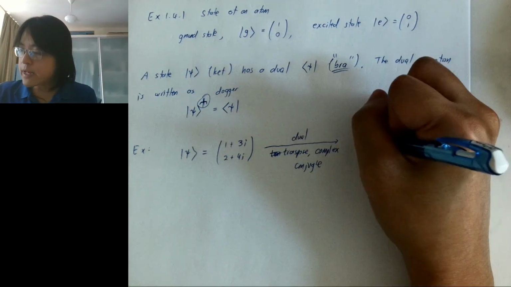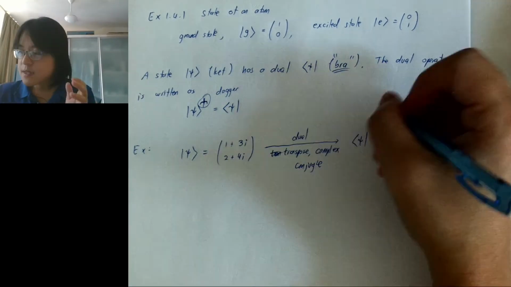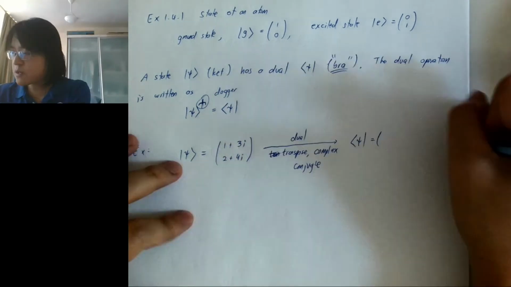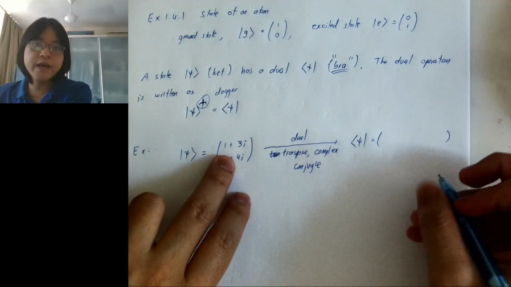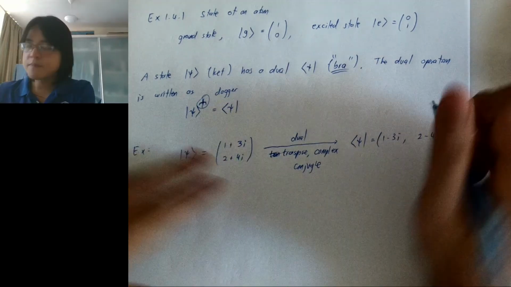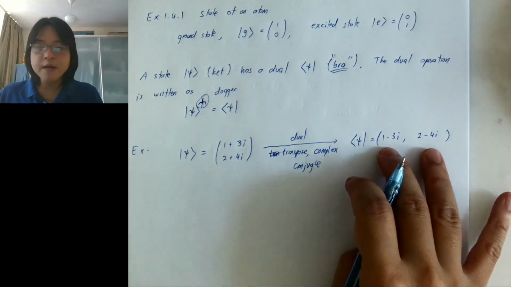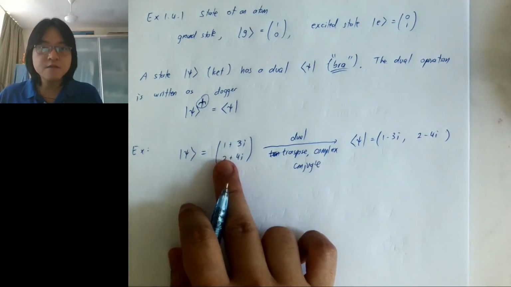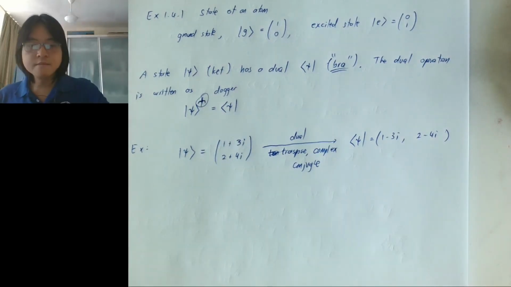So what you get here is psi, the bra, the dual of this. It becomes a row vector now, and you complex conjugate everybody, so it's 1 minus 3i, 2 minus 4i. It becomes a row vector, and every number is the complex conjugate of the original one. Clear? Easy, right?